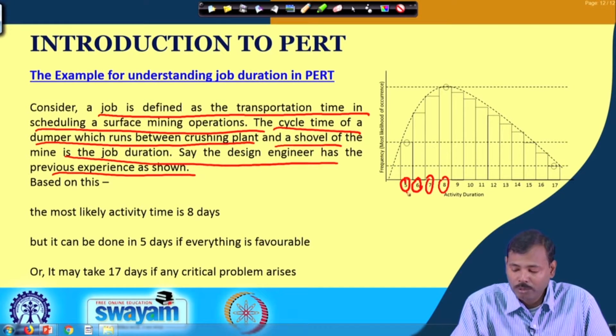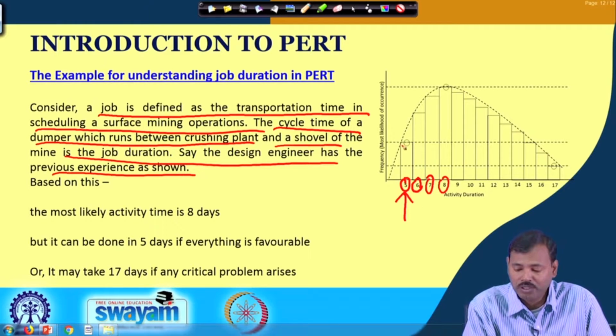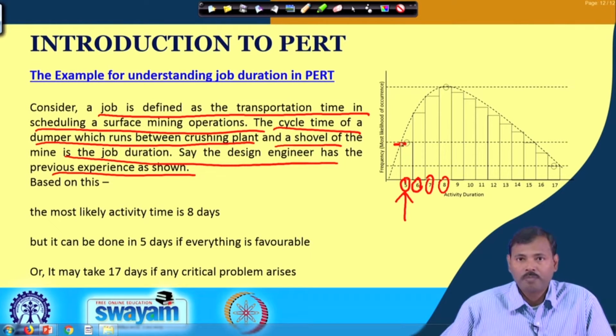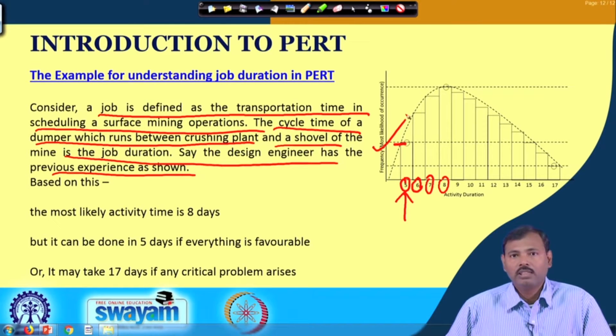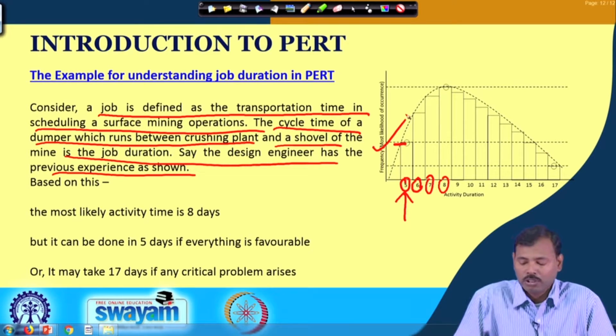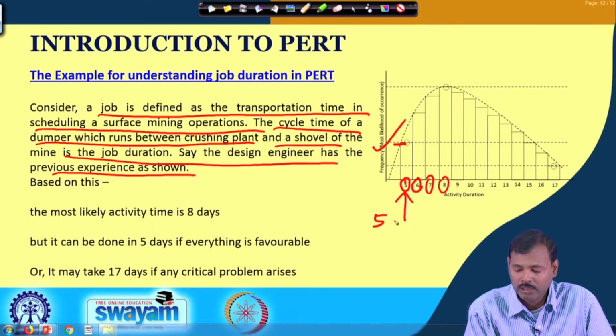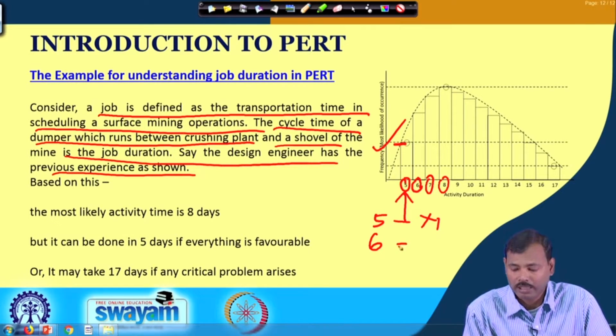The minimum time we have found is 5 minutes, and the number of times we have experienced 5 minutes is the frequency, which we consider on the y axis. So 5 minutes occurs x1 times, 6 minute cycle time x2 times, 7 minutes x3 times.